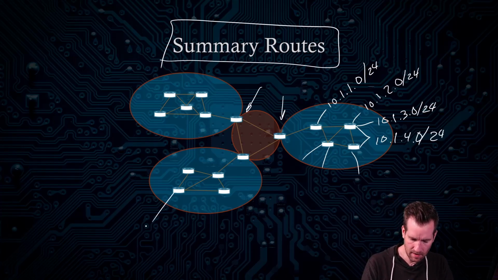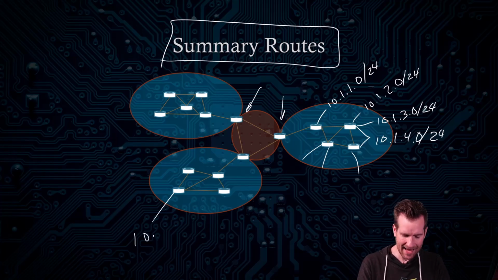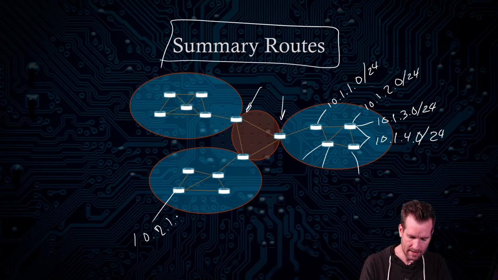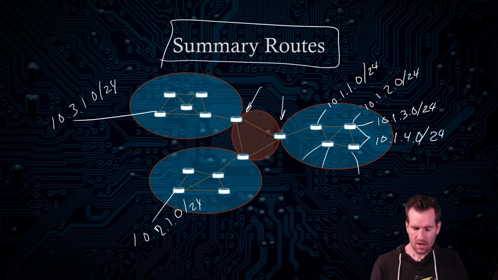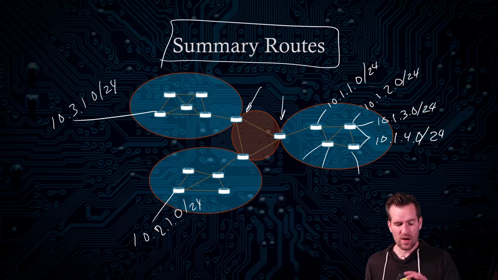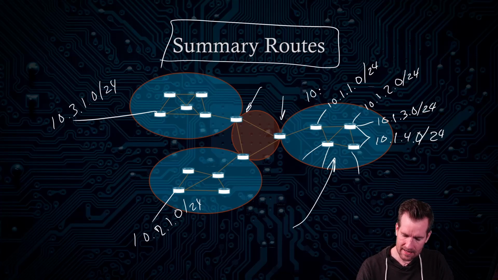Maybe over here, all the ones that are hanging off of this one are 10.2.1.0/24. The ones hanging off here are 10.3.1.0/24. So essentially, we've got this hierarchy where everything within here is the 10.1.0.0/16 range.